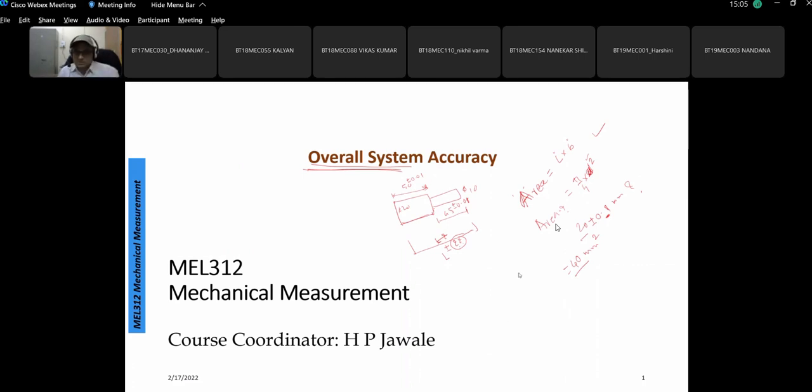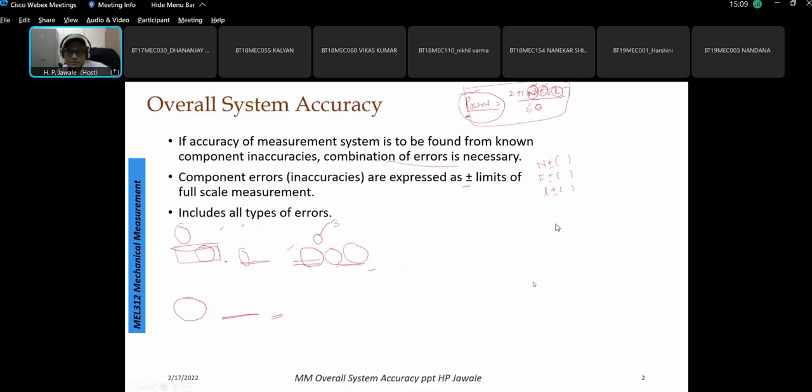We have discussed this and found how the errors will be added.